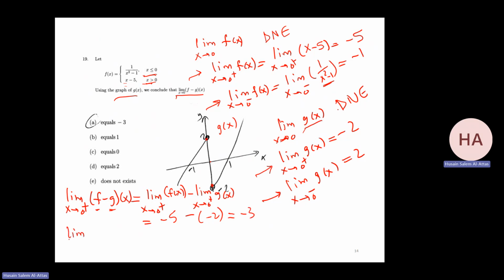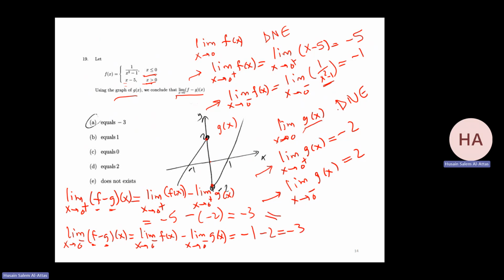Now let me do the limit as this goes to 0 from left. Can I distribute the limit? Yes, because it goes to 0 from left exists. It goes to 0 from left for g of x also exists. So I'll do this. What is f is minus 1, and this is g minus 2, that will be minus 3.